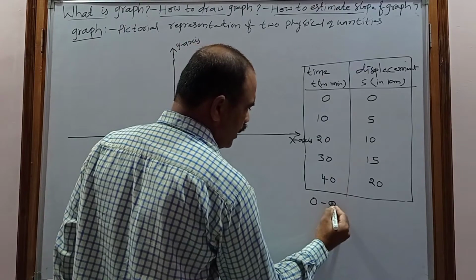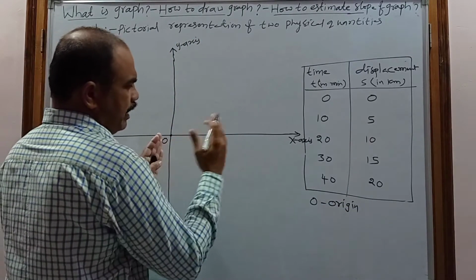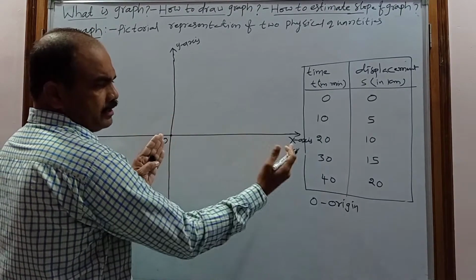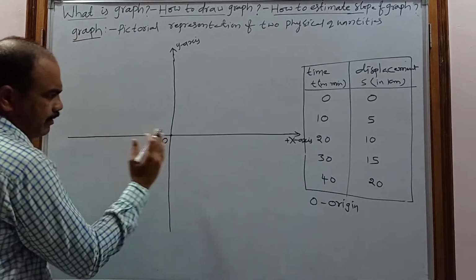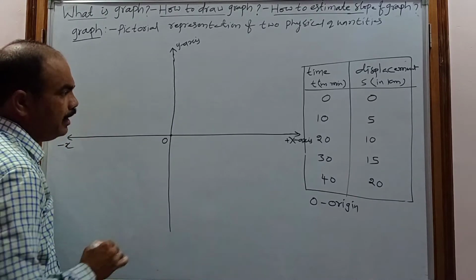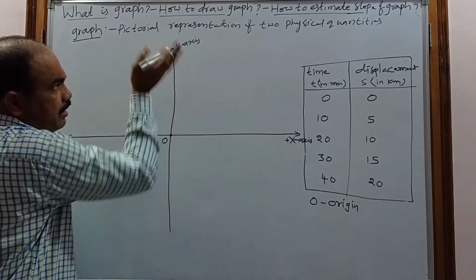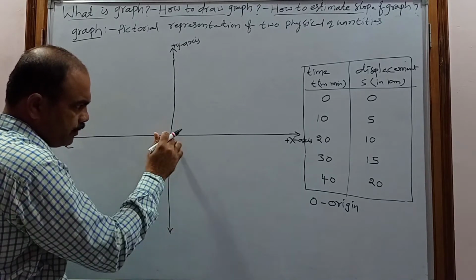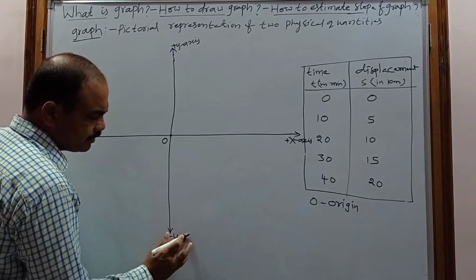Here O will be called the origin. The x-axis on the left side of the origin will be called the positive x-axis, and on the right side of the origin the negative x-axis. The y-axis above this origin will be called the positive y-axis, and the y-axis below this origin will be called what? Negative y-axis.